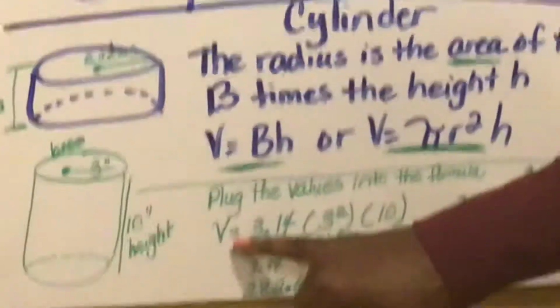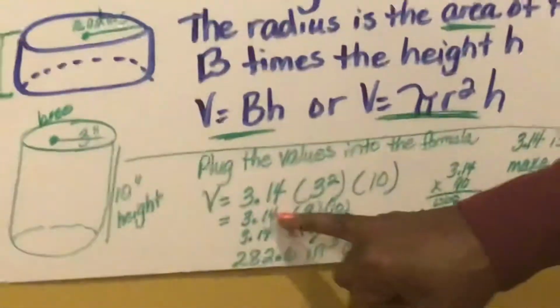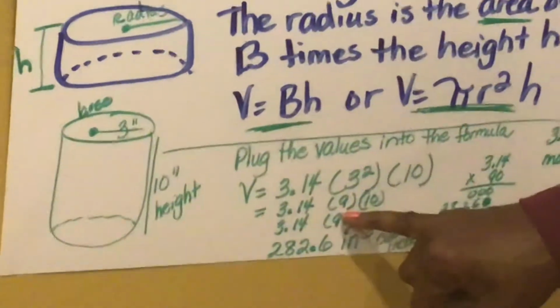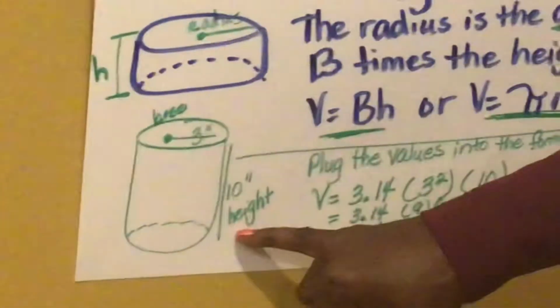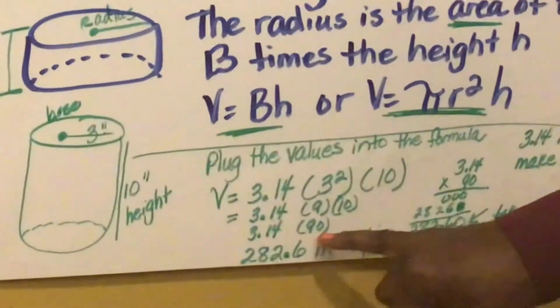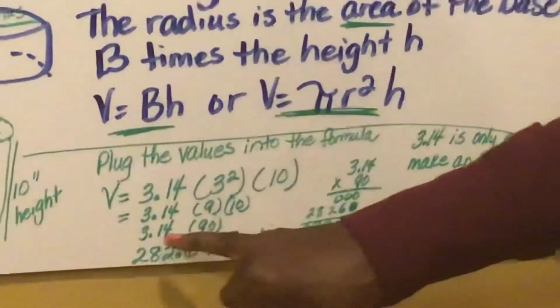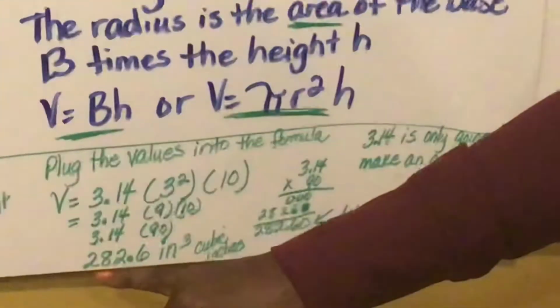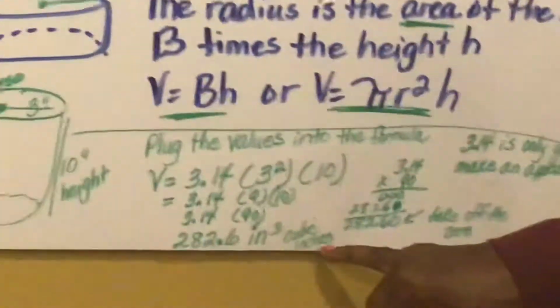We said that it's 3.14. Now we're going to use that 3 and square it. So that's 3.14, 3 squared is 9, times 10. Where do we get 10 from? The height. So now we're going to take out our calculator, because 9 times 10 is 90. So 3.14 times 90 is 282.6 cubic inches.